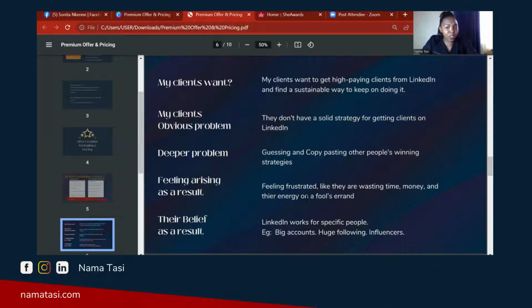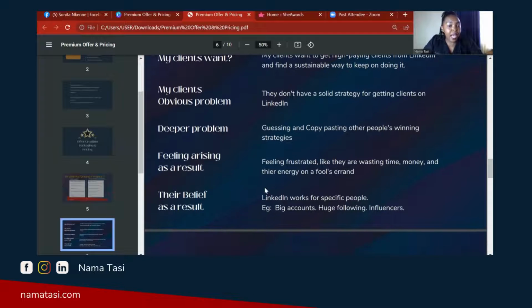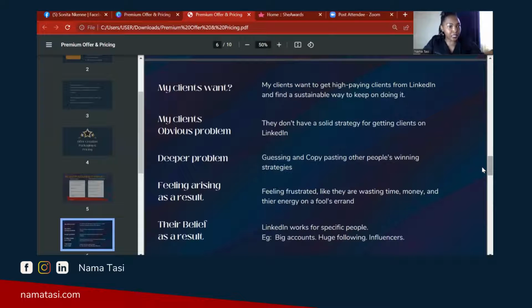As a result, they start feeling frustrated, like they're wasting time, money, and energy on LinkedIn. And then this belief comes up, like LinkedIn works for specific people: big accounts, huge following, influencers, people in certain positions, all these things start coming up. So my 3-month coaching program addresses all these things.